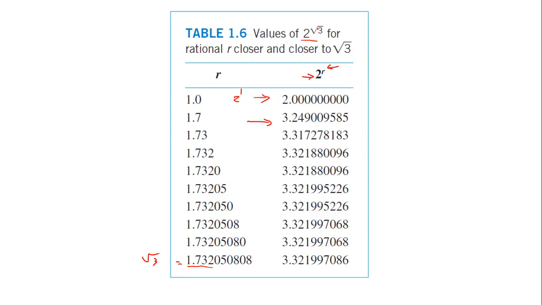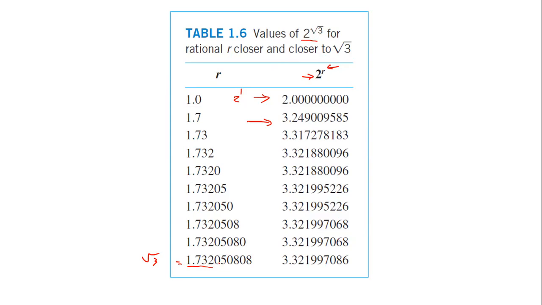Okay, so the conclusion is as follows. Values of 2 to the power r, for rational r, get closer and closer to 2 to the power square root of 3. That means you start with r1 and you keep going closer and closer to the square root of 3, that means keep going closer to 1.732.